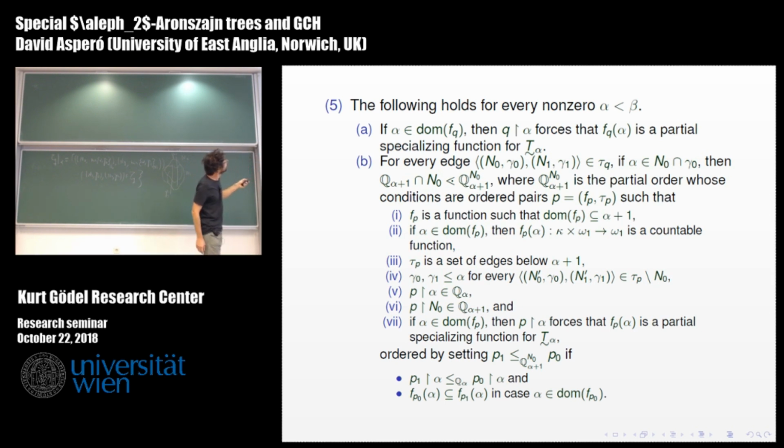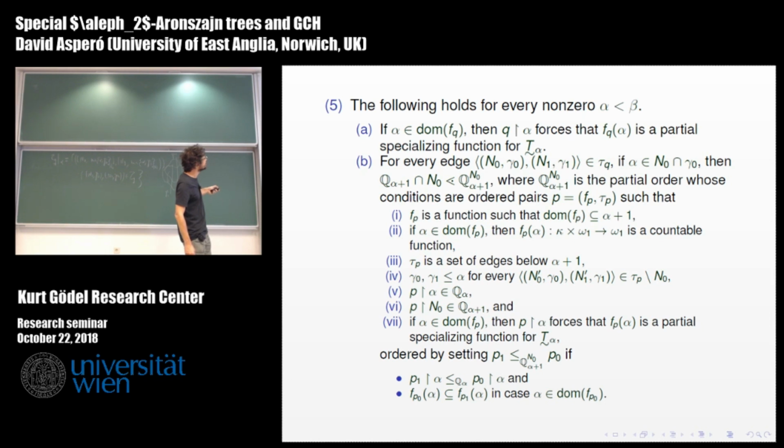So q n0 alpha plus 1, and I'll draw a picture in a moment, is simply the partial order whose conditions are ordered pairs, like what I have, f p, tau p, such that f p is a function with domain containing alpha plus 1. If alpha is there, then f p of alpha is a countable function of this form.